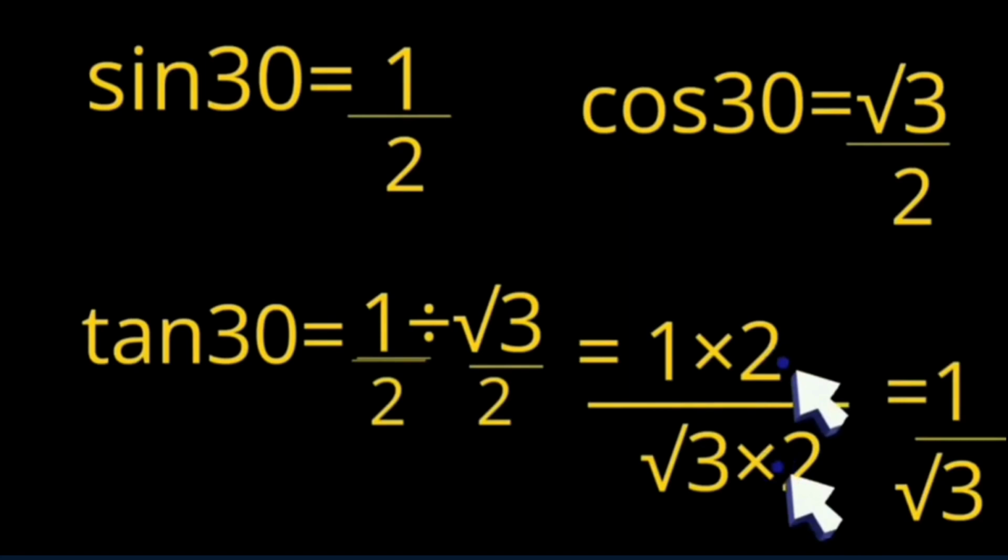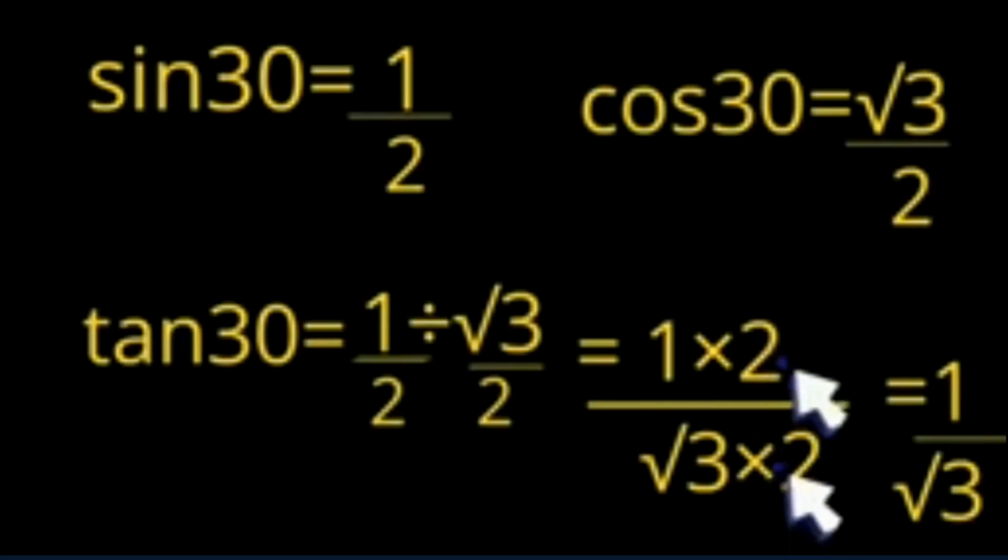Sin 30 is 1 upon 2 and cos 30 is root 3 upon 2. So tan 30 will be 1 upon 2 divided by root 3 upon 2. That is 1 into 2 upon root 3 into 2. The 2 will get cancelled and we will get 1 upon root 3. Therefore tan 30 is 1 upon root 3.